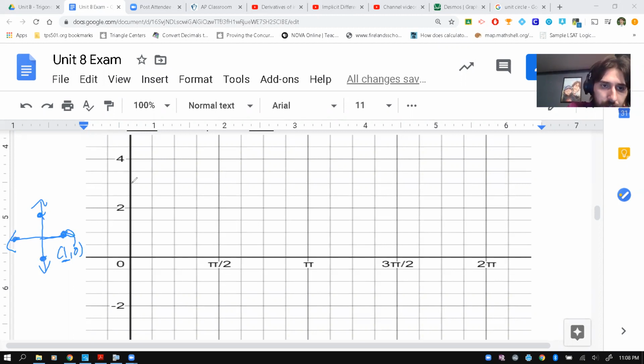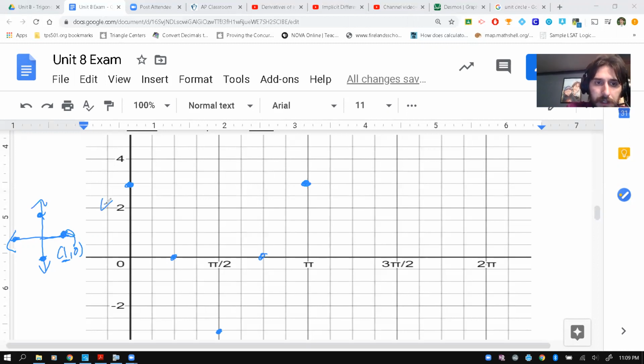So cosine graphs start at the top, and then it's going to complete this cycle pi units later. Halfway between those, it'll be at the lowest point, and at the quarter points here, it'll be 0. So again, we go maximum, 0, minimum, 0, back to the top.